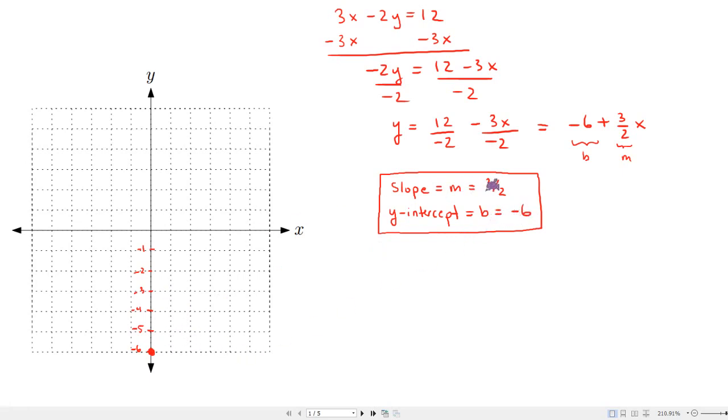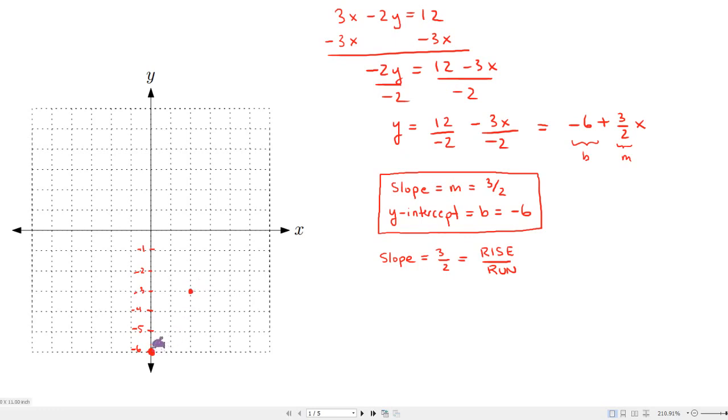Now the slope is 3 over 2. But remember, the slope, which is 3 over 2, geometrically is the rise over the run, right? So what that means is if we go up 3 in the y direction, the rise, and then go in the x direction positive 2, then we will have to go through this point.